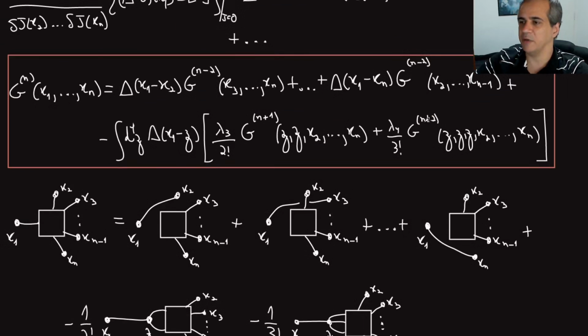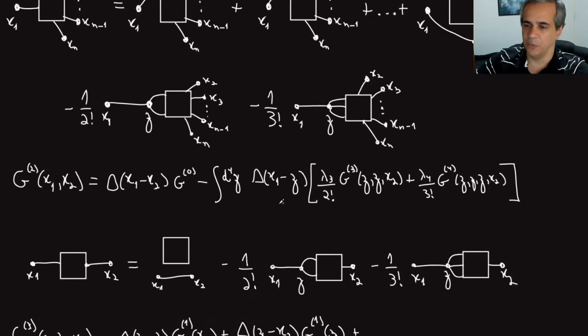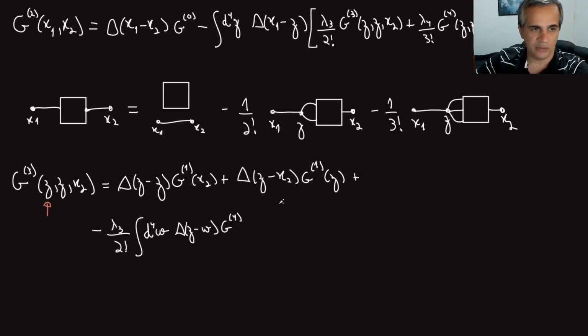In this part, I increase the Green function by 2. And the integration variable that shows up here appears twice here and thrice here, right? So that's what's happening here too. So this will be a 4-point function of w. This one z is actually already here. So I have just z, x2.